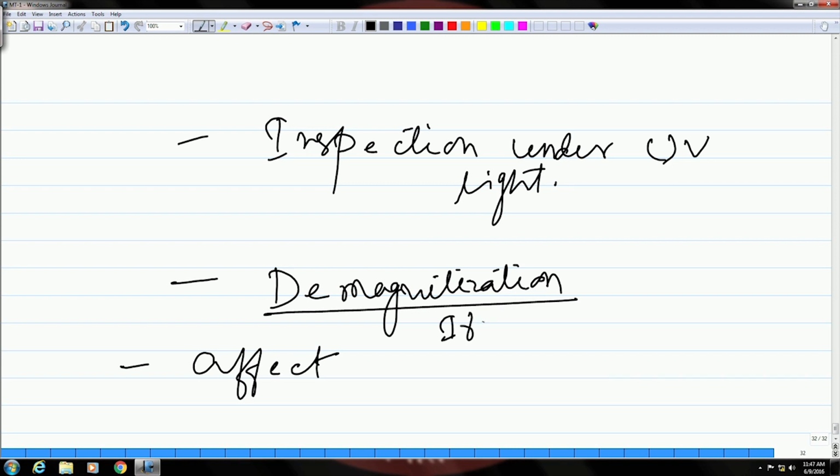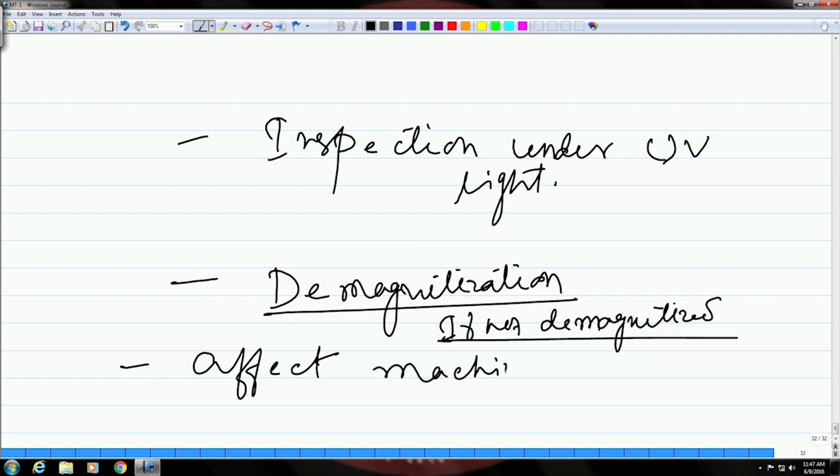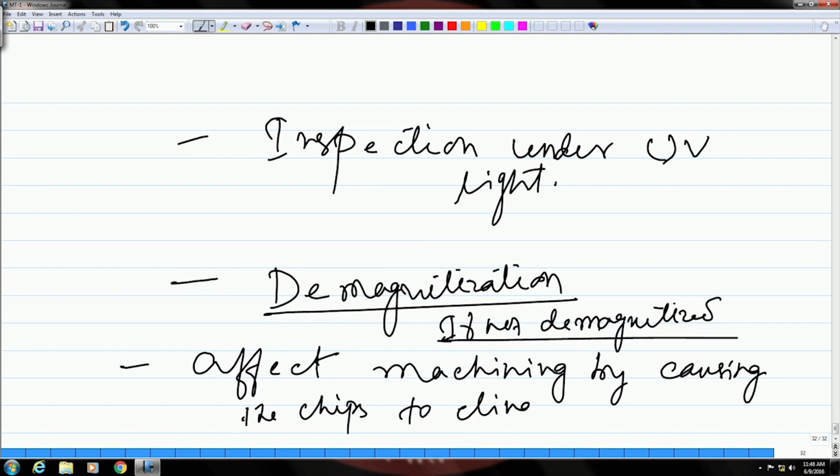So, this we are talking about, if not demagnetized, what could happen. It will affect machining by causing the chips to cling to the surface because of the magnetic field.